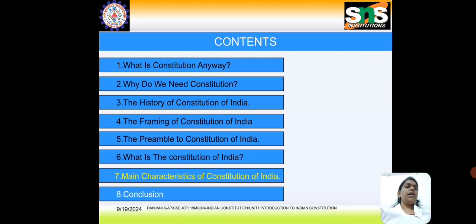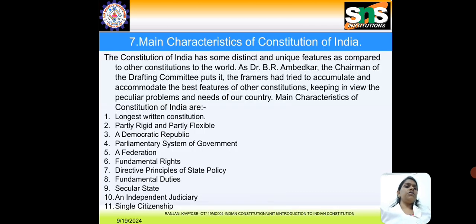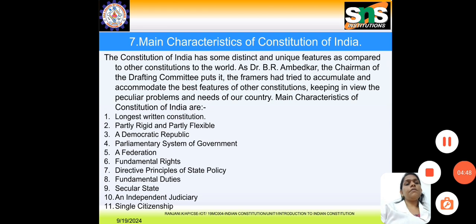So, let us see the main characteristics of the Constitution. These are the main characteristics: the longest written Constitution, rigid and flexible, a democratic republic with a parliamentary system of government, a federation with fundamental rights and directive principles of state policy, certain fundamental duties, a secular state, an independent judiciary, and single citizenship.